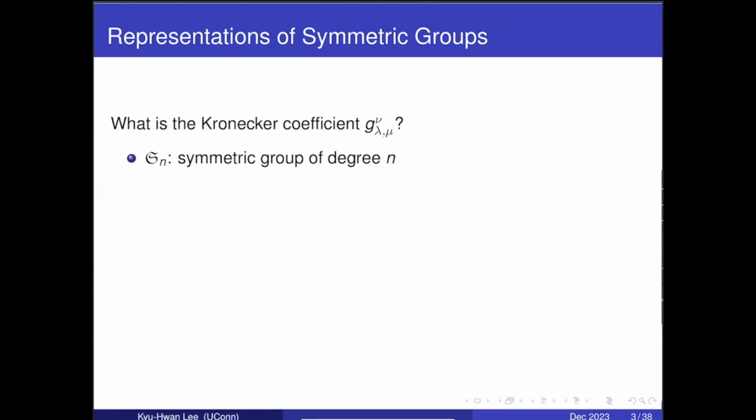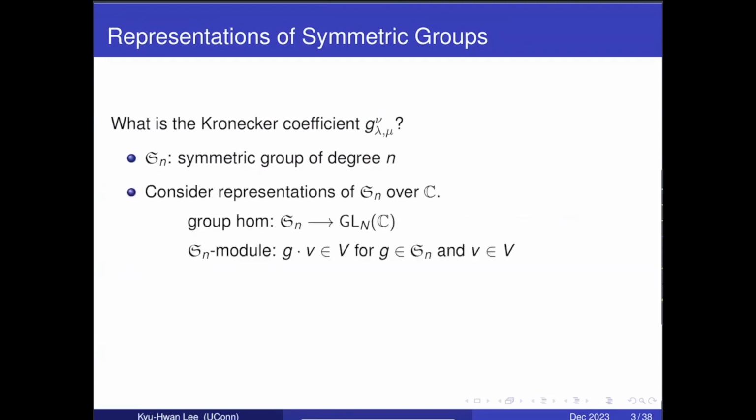So what is a Kronecker coefficient? Let us consider the symmetric group of degree n, the group of permutations of n letters, and consider representations of the symmetric group over C. That means we have a group homomorphism from Sn to GLN-C, or equivalently, you may consider an Sn module.